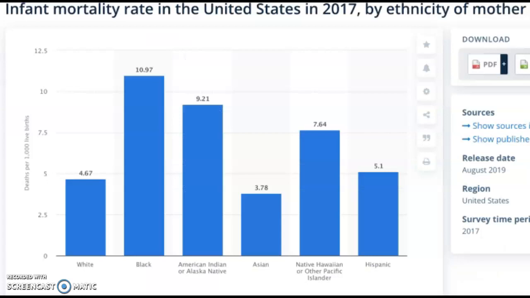So we can see that in this chart here. White mothers have an infant mortality rate of 4.67, while Black mothers have 10.97, so more than twice as high. And Native American mothers also have a very high infant mortality rate.